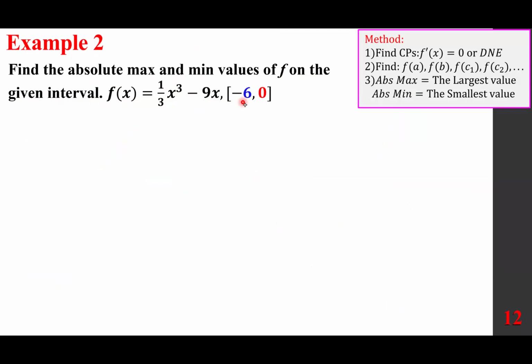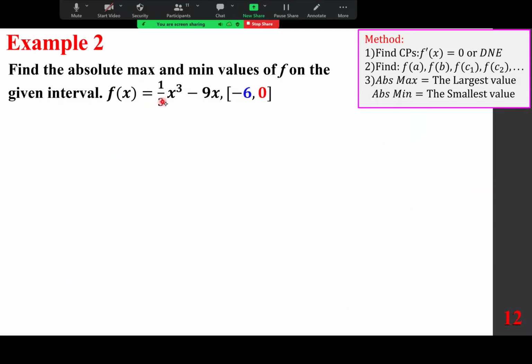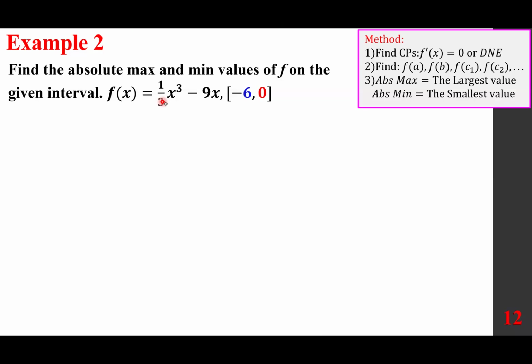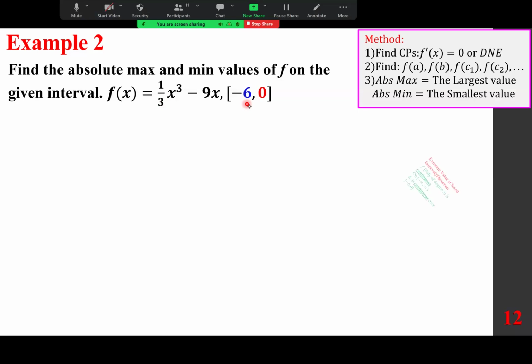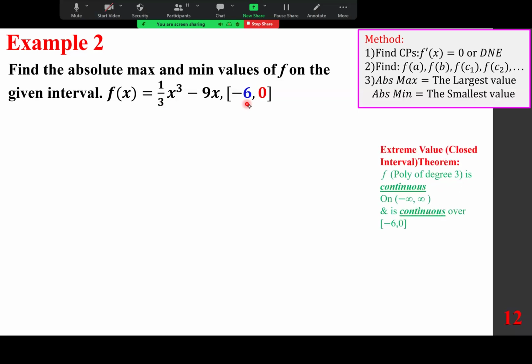We have to justify whether the function is continuous or not, and what the domain is. This is a polynomial of degree 3. The domain is all real numbers, so it's continuous from negative to positive infinity. Therefore, it's continuous in the given interval of minus 6 to 0.